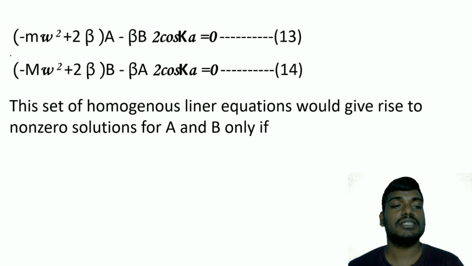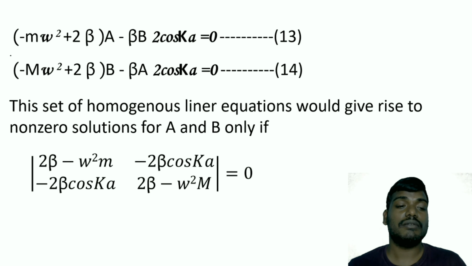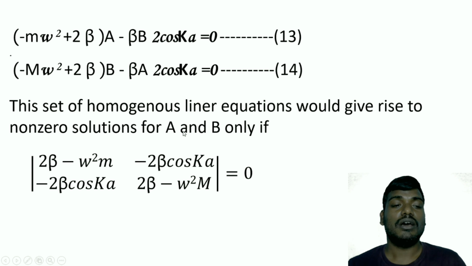This set of homogeneous linear equations gives rise to non-zero solutions for A and B. A and B are constants, so they are not zero.